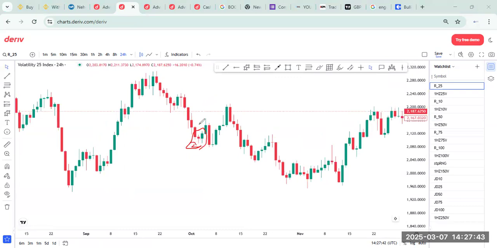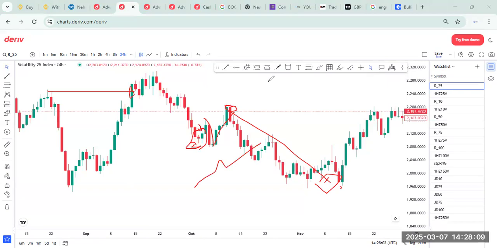This doji, and then the next candle was a bullish engulfing candle. But look at it. It didn't buy immediately. And it bought only for some few days. And then the bearish trend continued. All right. But if you were scalping, you could have gotten some trades from that zone as well.